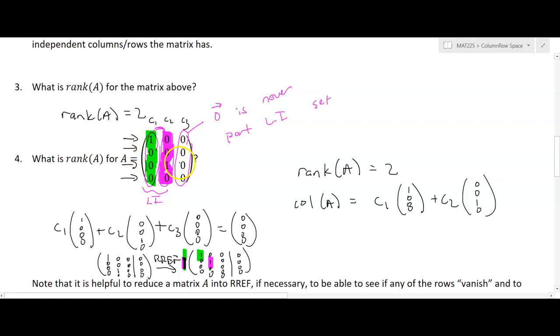However, 1, 0, 0 and 0, 1, 0 are linearly independent because I cannot scale the 1, 0, 0 vector to get the 0, 1, 0 vector. So the row space of A is also any linear combination of 1, 0, 0 and 0, 1, 0, which is pretty useful. And we see again that both of these have 2 linearly independent vectors. So whether you look at the row space or column space, you can get the same information from it.